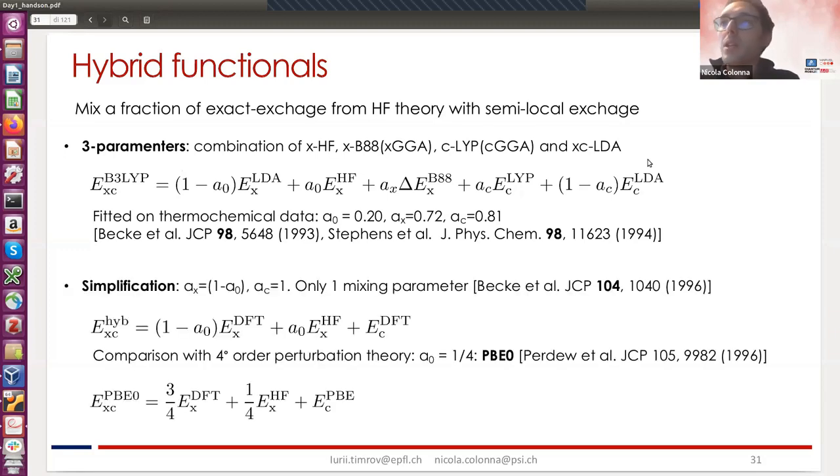A couple of years later, Becke himself simplified the approach and went back to probably the simplest hybrid scheme ever, where you mix some local exchange with the Fock exchange, and you leave the entire correlation from DFT, and the mixing parameter is called a0. So you have one parameter, and in particular, if you choose it equal to 1/4, you have the well-known and famous PBE0 approximation. In this scheme, you only need to set one extra parameter.